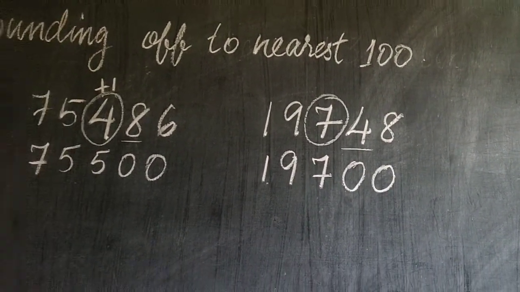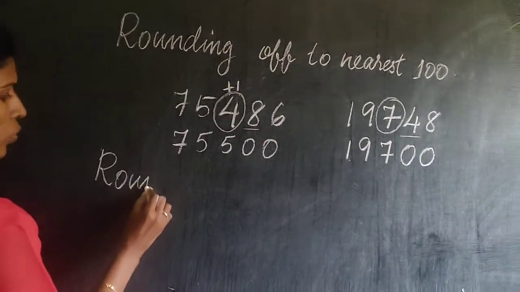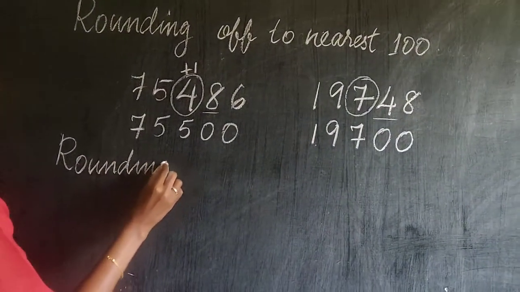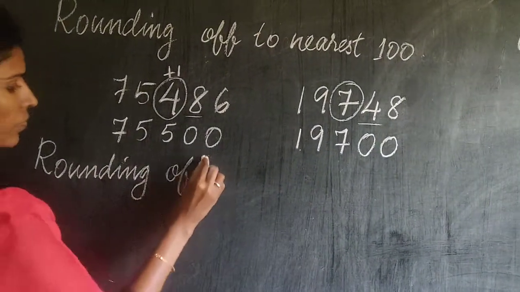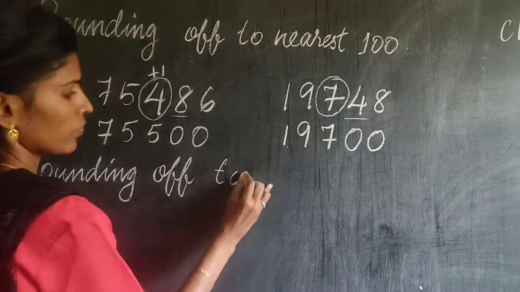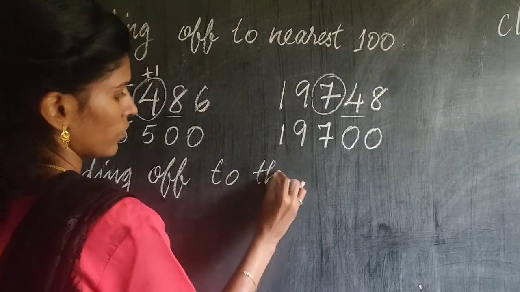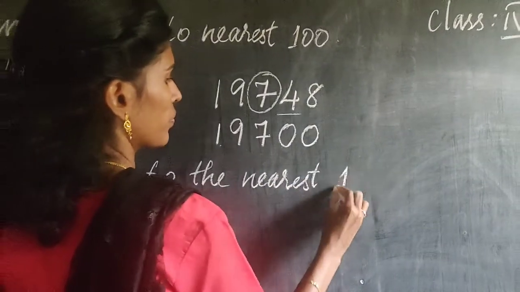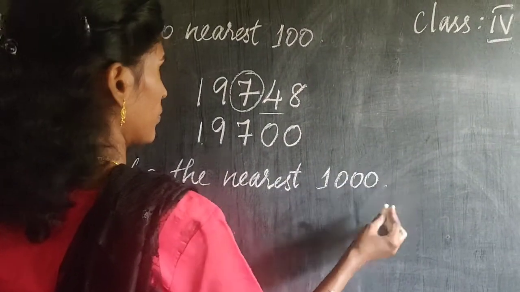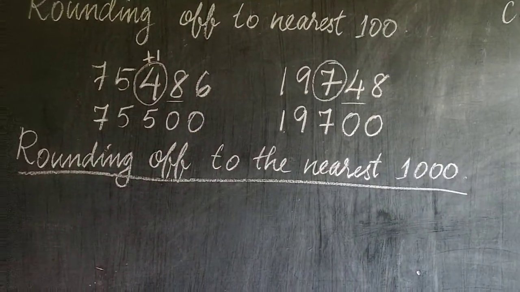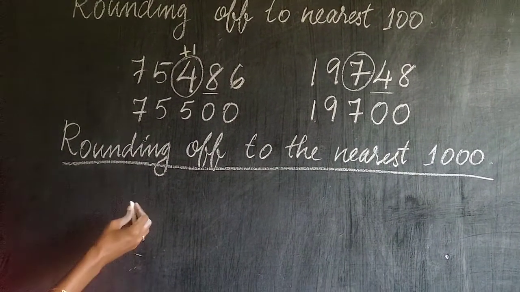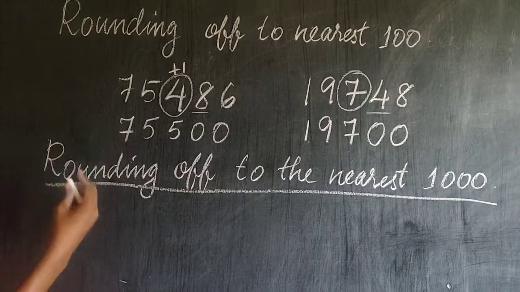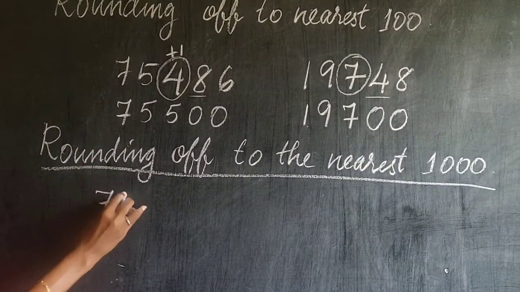Okay, now let's learn about rounding off to the nearest 1000. I am taking the same number.